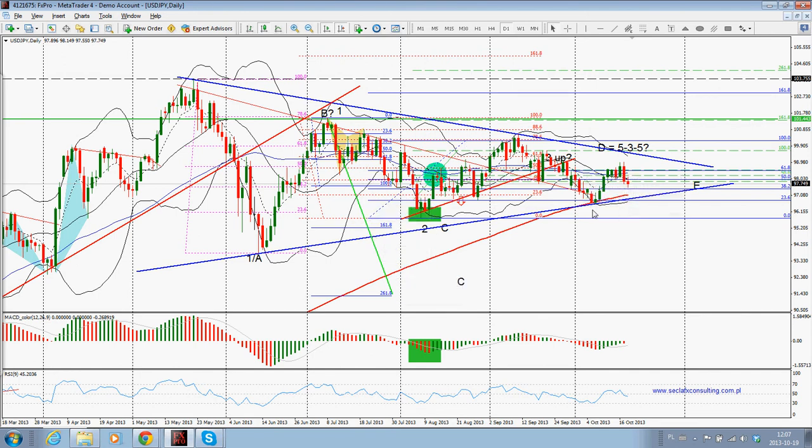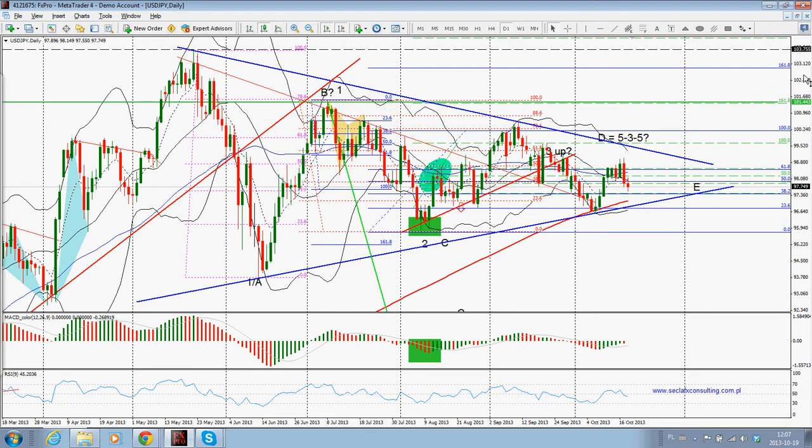Anyway. That looks like a triangle, but it doesn't have to be a triangle. One has to really count all those movements inside, which I haven't done, and most probably I won't do it, because sometimes I just leave it and do not count.